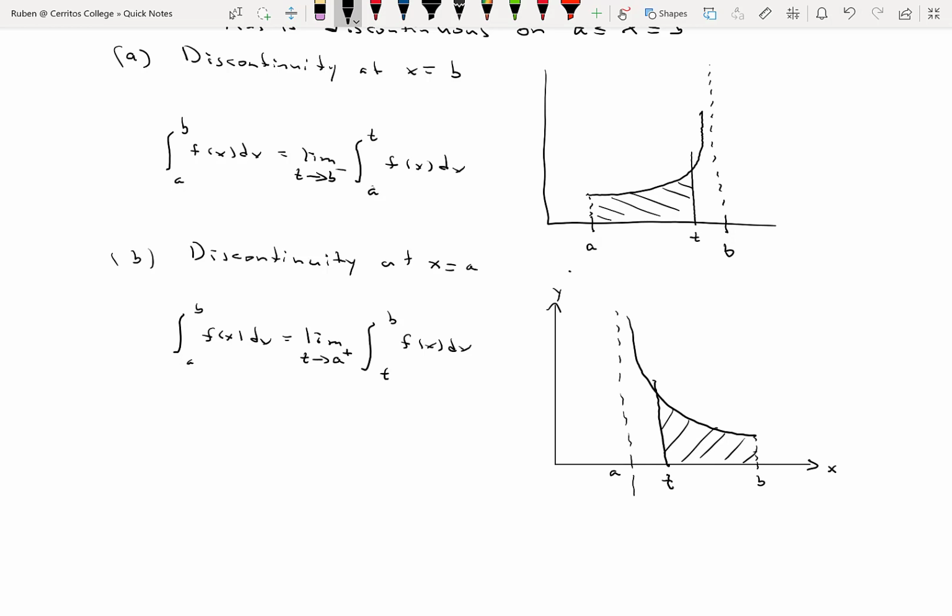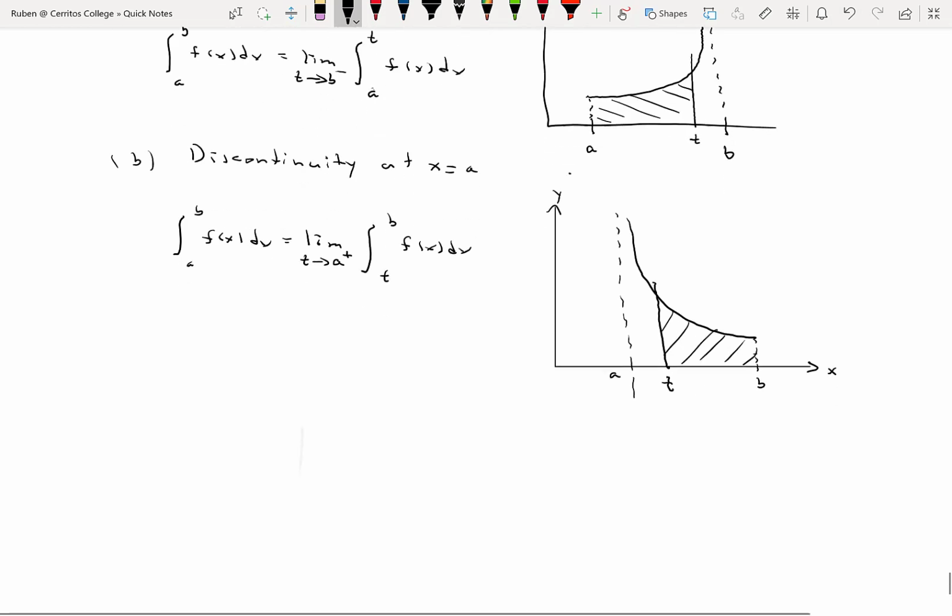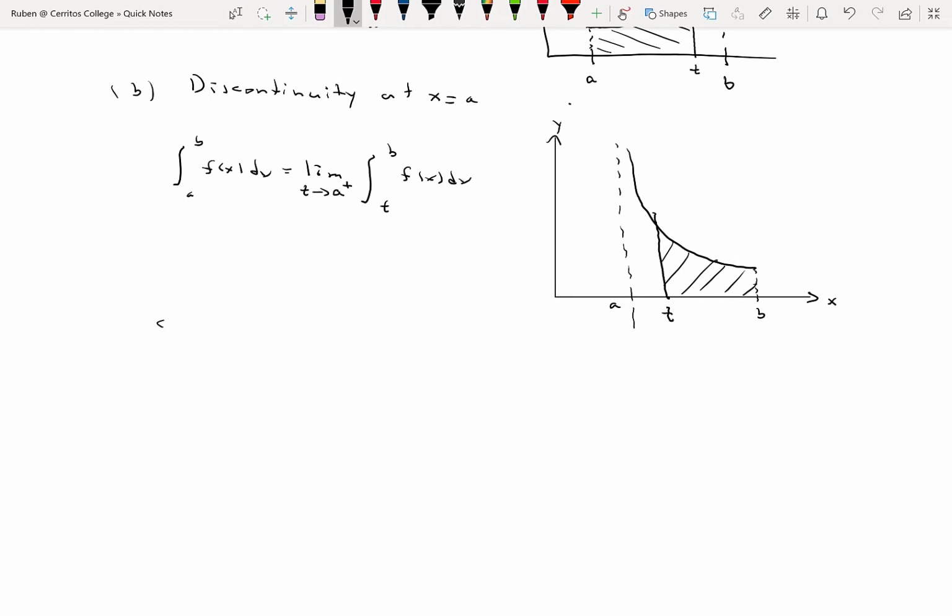Okay. The only other part to this, part C, is where we have a discontinuity somewhere between a and b. So we have a discontinuity at, let's say, x equals c, where c is somewhere between a and b.